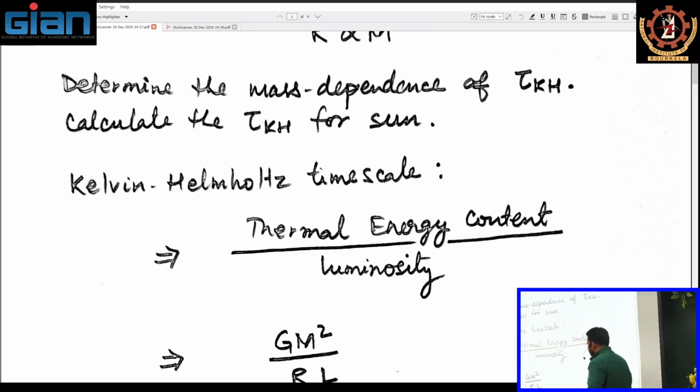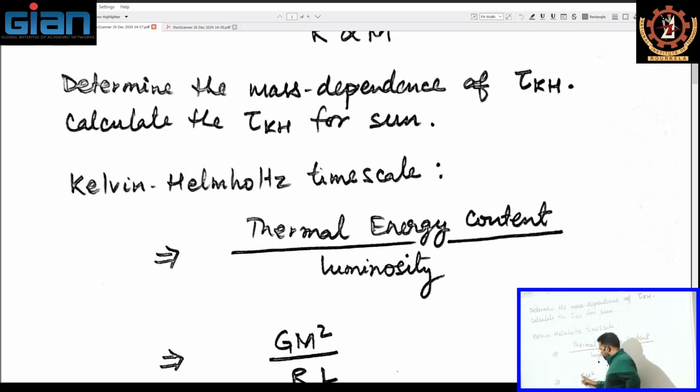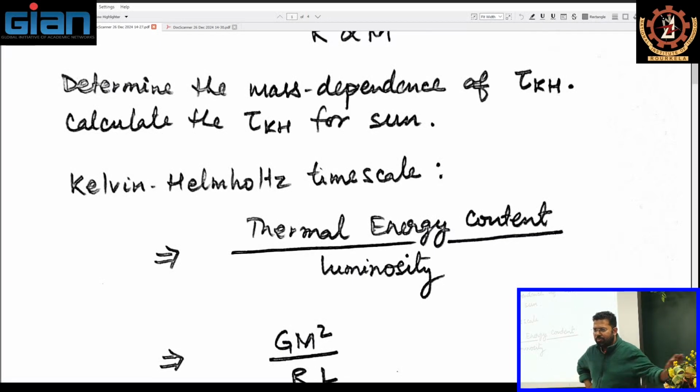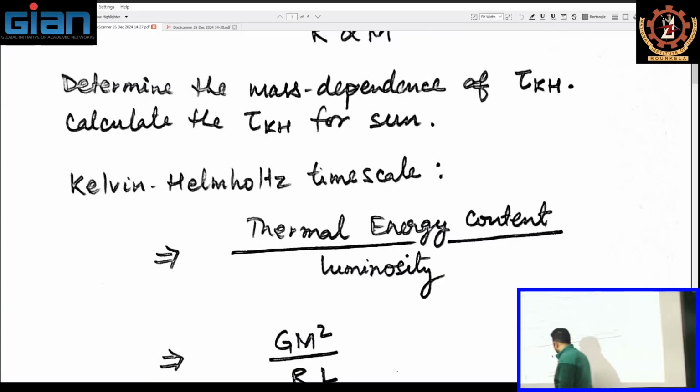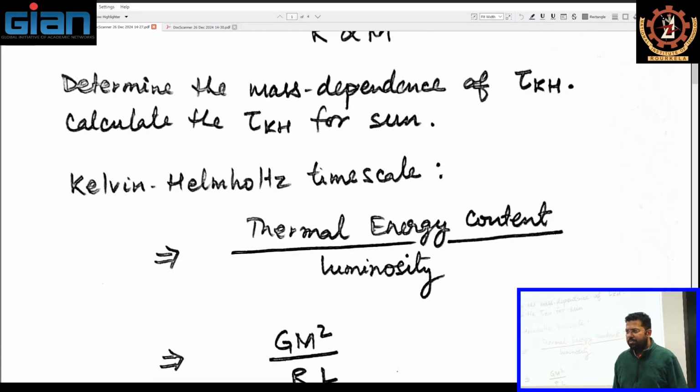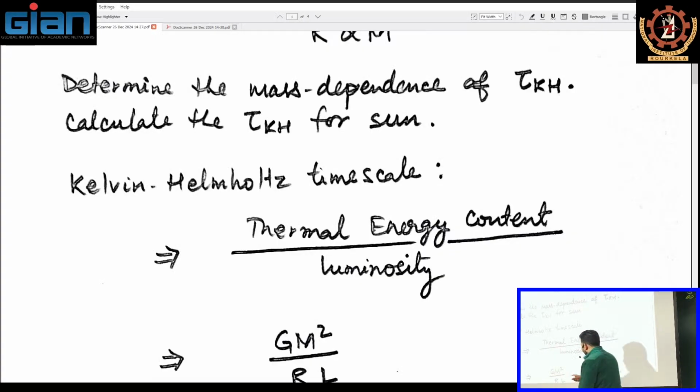So what is the dimension of this expression? Are we getting the unit of time, because we are saying that it's a time? G M squared by R is a form of energy, and then luminosity.